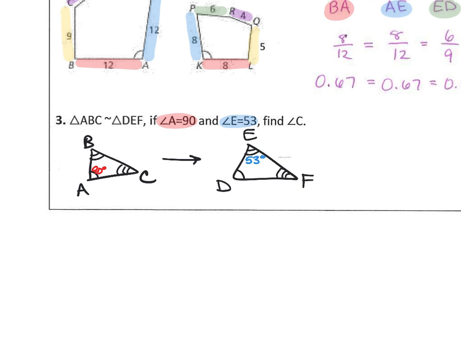It wants me to find angle C, which means I'm trying to find this right here. Now I'm telling you right now, we have enough information to do this. How come I have enough information to do this?